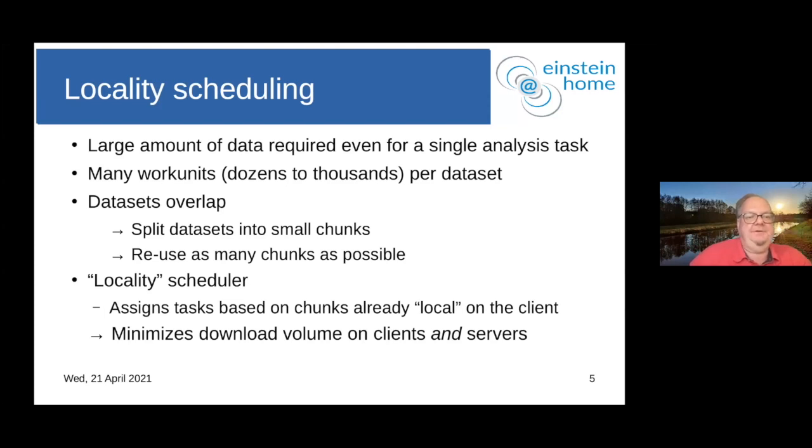So the solution is to split the data sets into smaller chunks and try to reuse as many chunks as possible on the client side. That's what we developed the Locality Scheduler for. This assigns tasks based on chunks that are already local on the client, and this minimizes the download volume, both on the client and the server side.